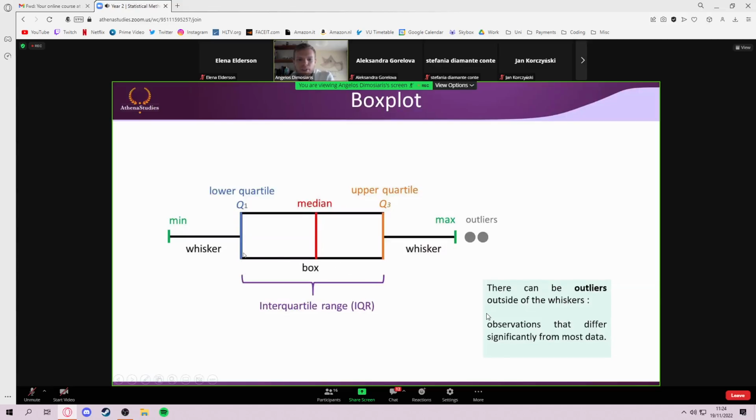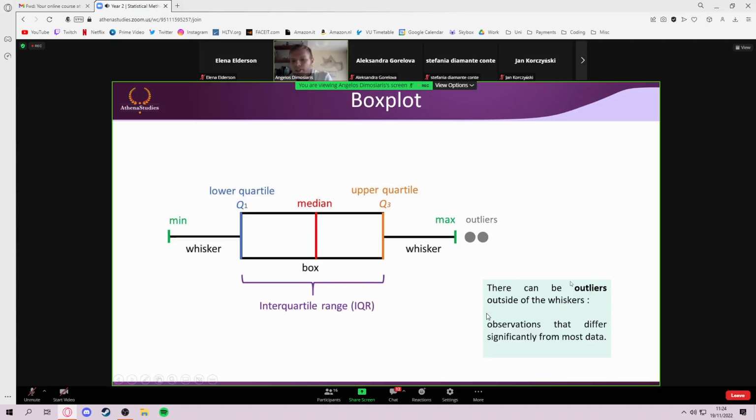Yeah, from the Q1 to Q3, all of this box, we call it the interquartile range, or IQR. It is the range between participant number 25 and participant 75, again, if you have 100 participants. But a box plot can also include some outliers.